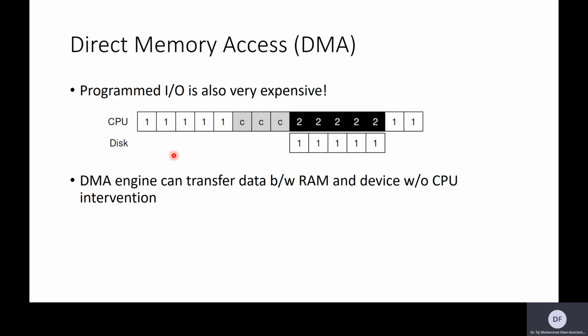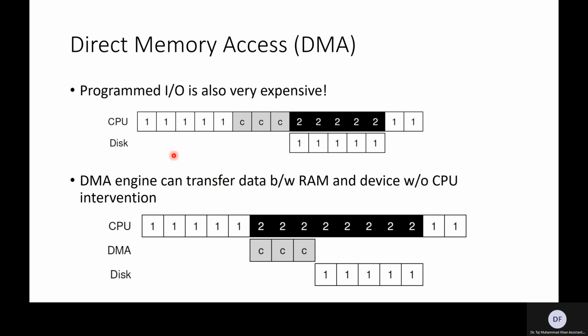Okay. So here we have the CPU, process 1 is executing. It just writes the command to the DMA, the source and the destination, and this data copying from RAM to the device or vice versa is done by the DMA instead of the CPU. And in this time, the CPU can go ahead and do some useful work.